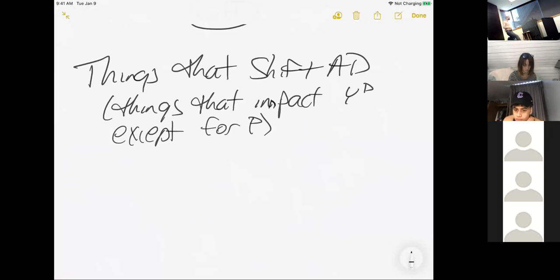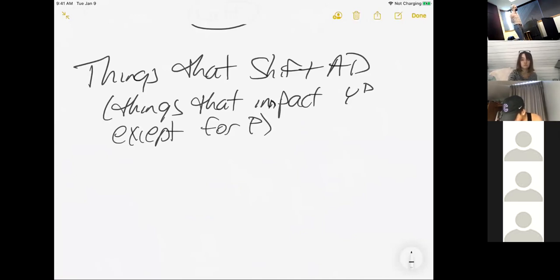Okay, help me think about what some of these things might be. Now this is tricky because remember, we're talking about aggregate demand. It's got to impact the demand for a wide range of goods and services. Like, for instance, me going out and buying some new records is not really impacting aggregate demand. I mean, it is, but it's so minuscule that it doesn't make much difference. So what are some of the things that are important enough to impact aggregate demand?